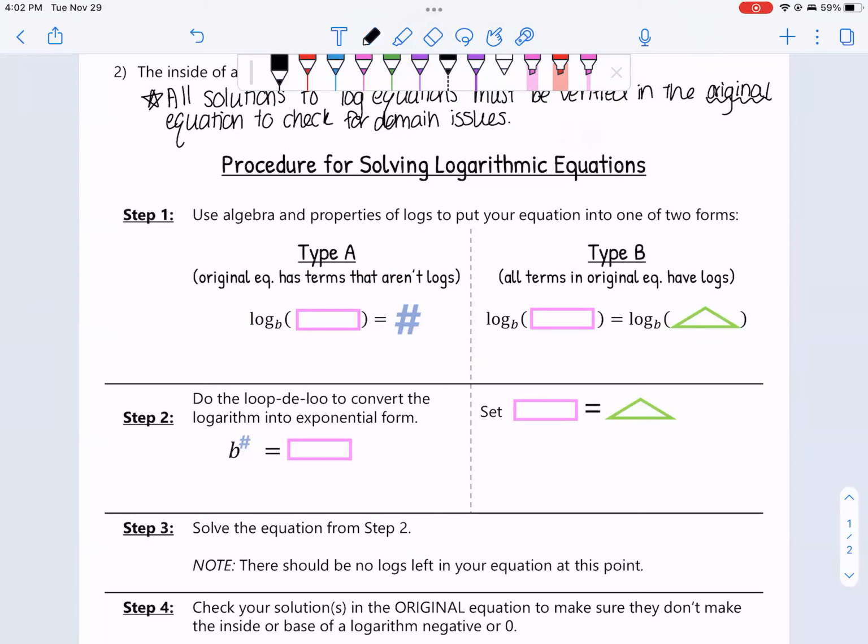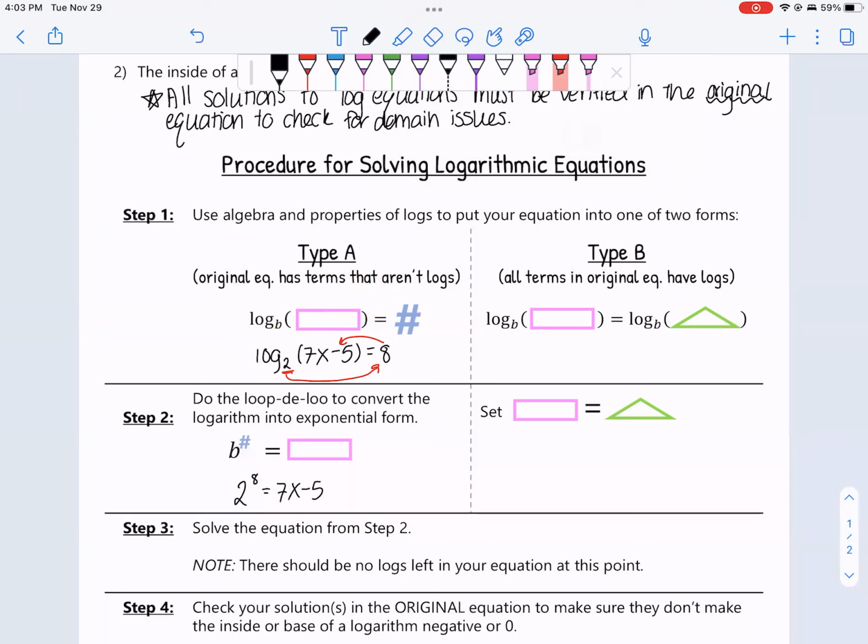For example, if we were to have log base 2 of 7x minus 5 equals, I don't know, 8, we would then have a type A. Right? The way we would rewrite this, start at the base across the equals back again, would be as 2 raised to the 8 is equal to 7x minus 5.